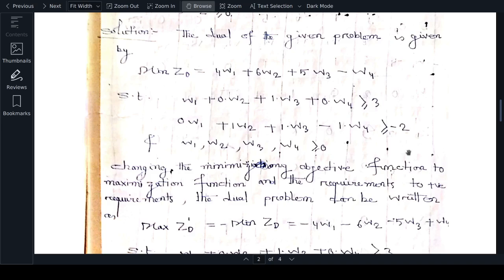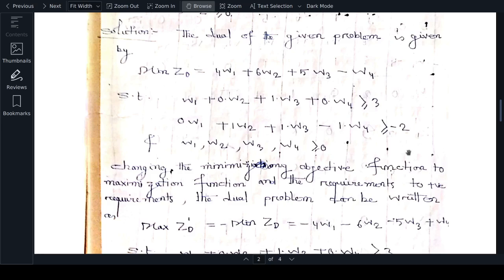Next we solve it by the simplex method. In the simplex method, what is the rule? Always make the objective function maximization, and all constant terms should be positive.